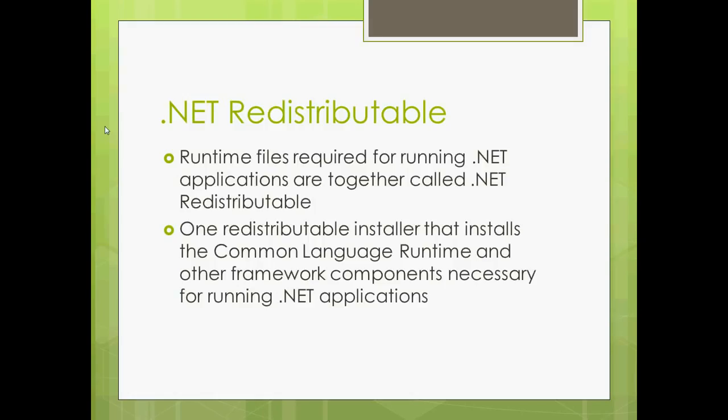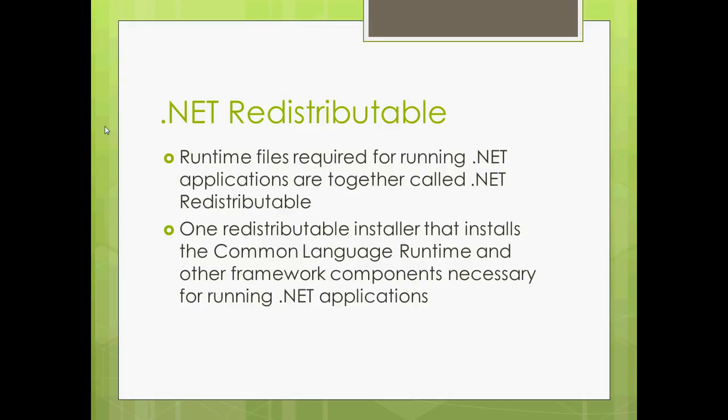.NET redistributable. For applications that are developed using .NET, there has to be some base on which the application should run, right? So that base is nothing but our .NET framework, in the sense of a runtime environment that should be there for the applications to run. This runtime environment is called .NET redistributable.